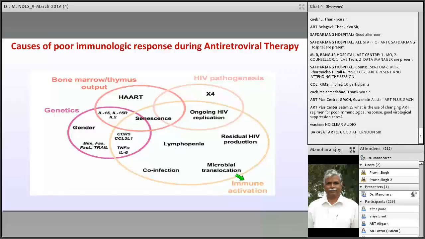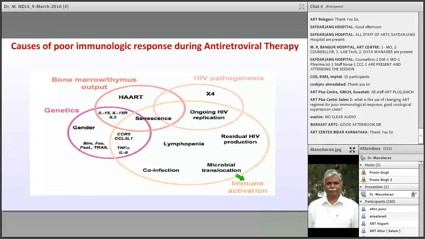And if CCR5 is actually involved as a co-activation molecule in this immune activation, CCR5 antagonists could exert some inhibitory effect on it. In this case, intensification with maraviroc has resulted in a decrease in the proportion of activated peripheral blood CD4 and CD8 cells and an increase in CD4 T cell slope. So in these cases we can definitely use maraviroc, but it's not available in the program.